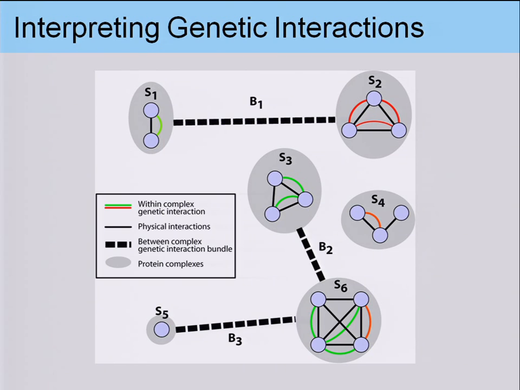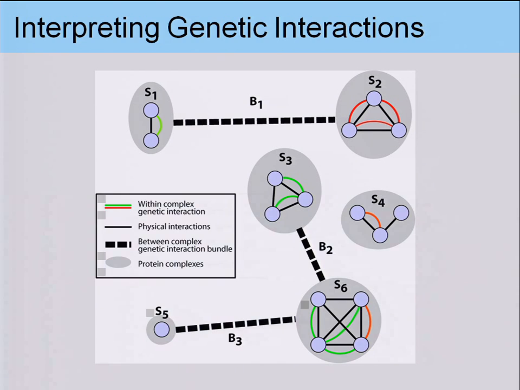These are usually sets of proteins that have a really coherent biological function, like a protein complex or signaling pathway. On the other hand, we also have the between-complex model, which we define as two within-complex models that are spanned by a dense bundle of genetic interactions. And the key feature here is they lack physical interactions between these two things. So this represents synergistic or functionally redundant pathways.